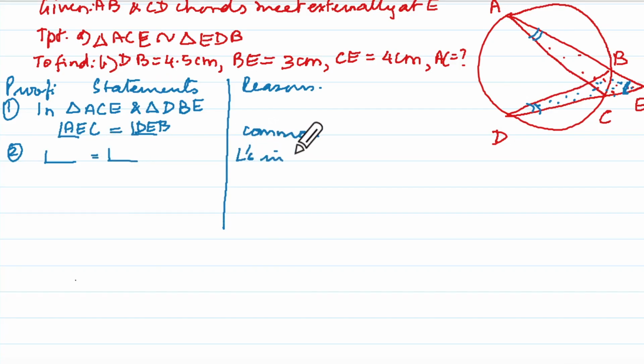Angles in same segment are equal. Which is this angle? CAE. If I take this as CAE, what will I write here? C is corresponding to B. So B, D, E. Okay. The third one, therefore the two triangles means copy paste this.